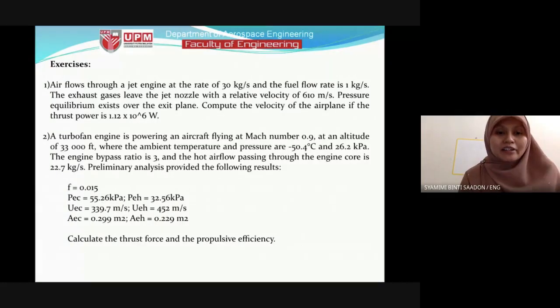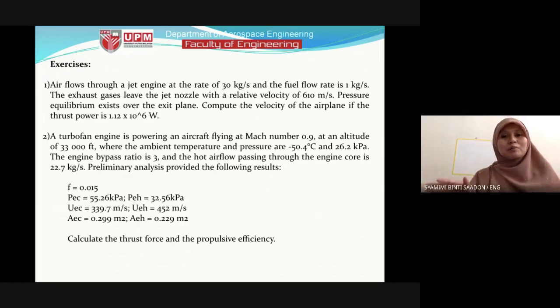And then the exhaust gas leaves the jet nozzle with a relative velocity of 610 meter per second. So this one is the exit velocity, written as VE or UE in the thrust force calculation. And then it is said here, pressure equilibrium exists over the exit plane.